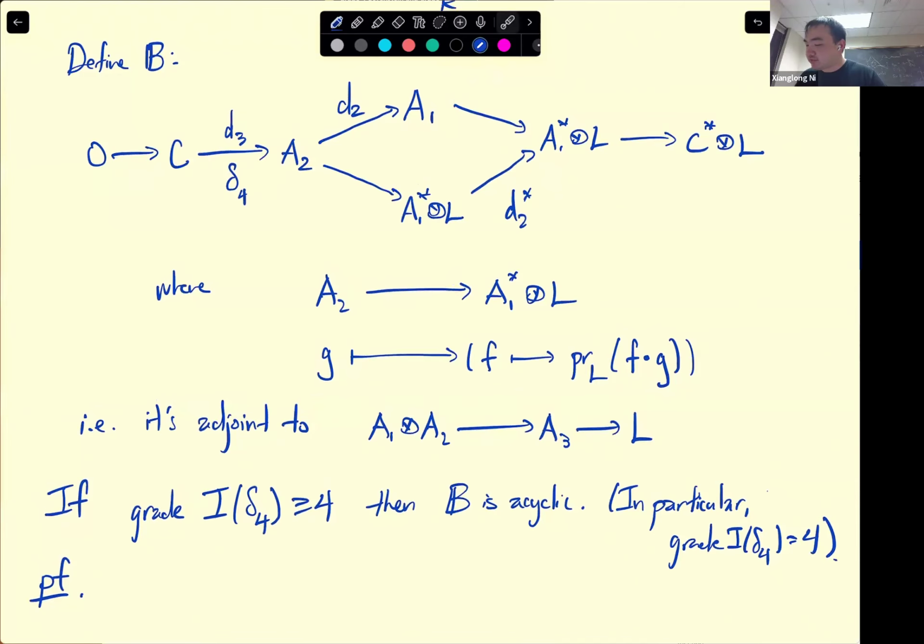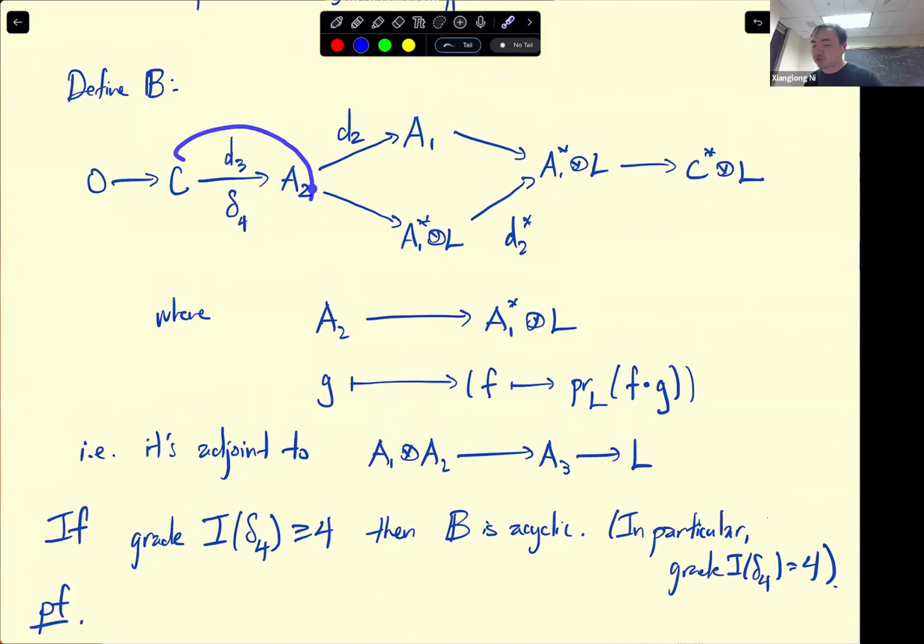If you want to show that this is acyclic, it suffices to prove that the grades of the ideals of minors of differentials are at least 1, 2, 3, and 4, respectively. Now, a posteriori, if we know that this thing is acyclic, actually all the grades are equal to 4, but I don't need to prove that. I don't need to actually show that to prove that B is acyclic. But in particular, since I'm assuming this one already has grade 4, it would suffice to show that the grades of minors are 1, 2, 3, 3, which means it will be enough to prove that this complex B is acyclic in grade 2.